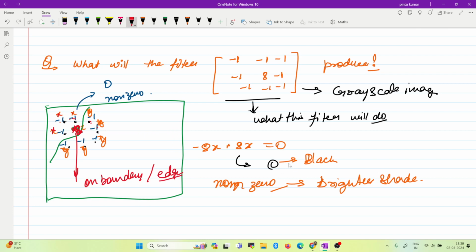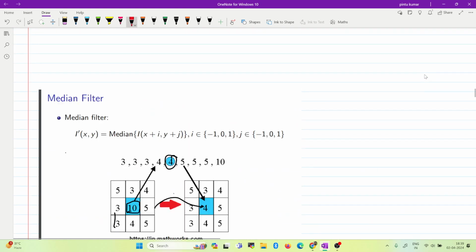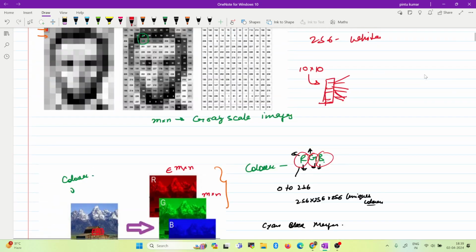So what this filter does is it will give you value 0 for points that are not on an edge, and it will give you a non-zero value for points that are on an edge. So this filter is used for edge detection.